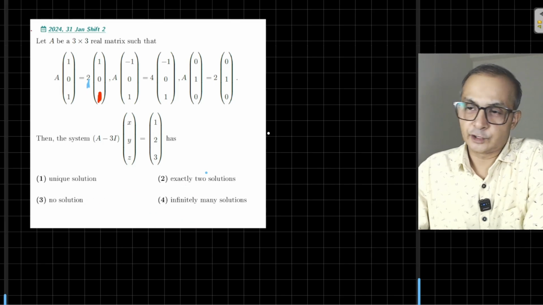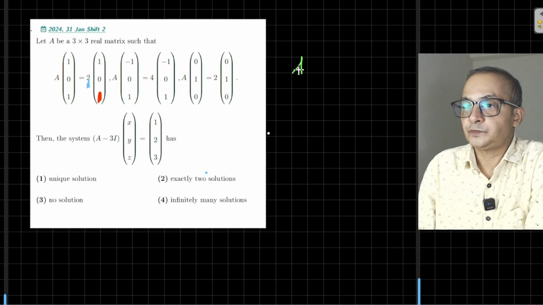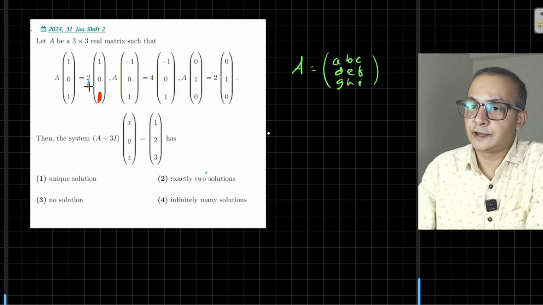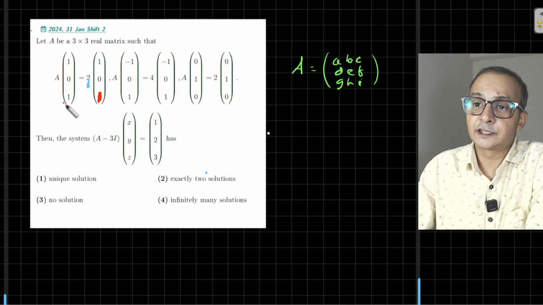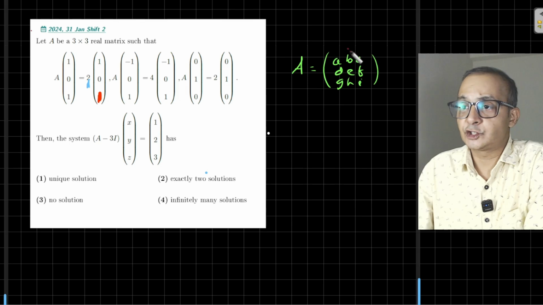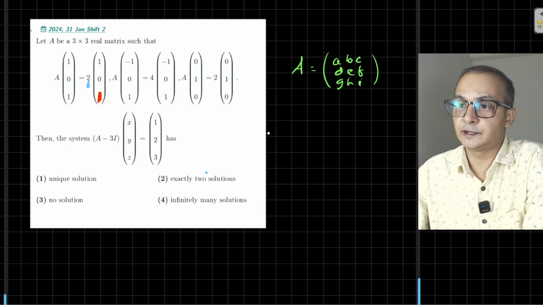So the natural way is that we will assume the matrix A to be, let's say, A, B, C, D, E, F, and G, H, I. And after that, we take into consideration all these 3 equations one by one, and we get relations between A, B, C, D, E, F, G, H, and I, like 3 equations, 3 variables.